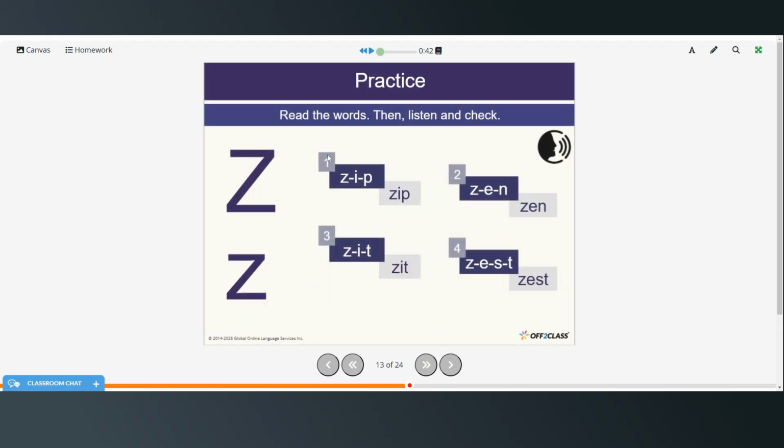Right, now practice sounding out the words, and then when you're ready, restart the video to listen and check. Z, I, p. Zip.